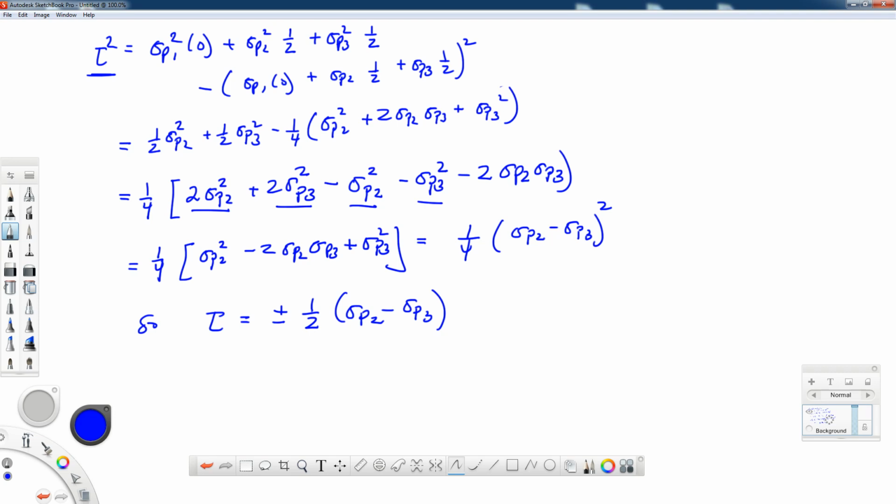Now we can do the same thing. We go through all the algebra again and let n1 and n3 be equal to each other and n2 equal to 0, then n1 and n2 equal to each other and n3 equal to 0, and we'll end up with similar expressions, with a plus and minus here.